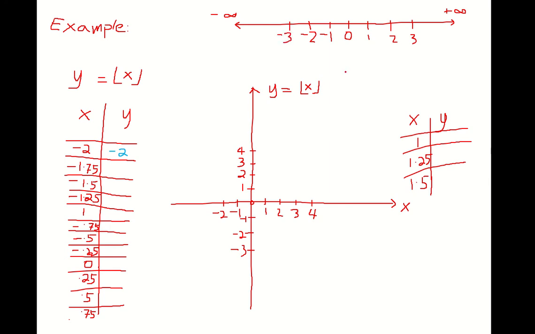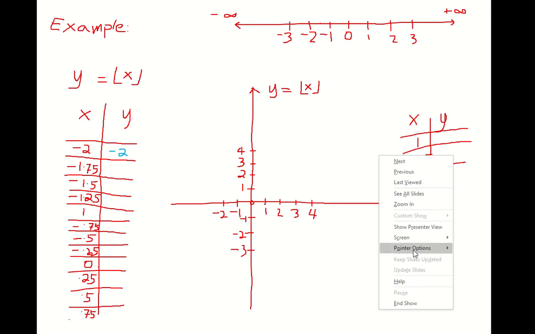If you look at negative 1.75, so this is negative 1. We speak of 0.75, 1.75. So this is 1.5. Okay, I'll change the color.